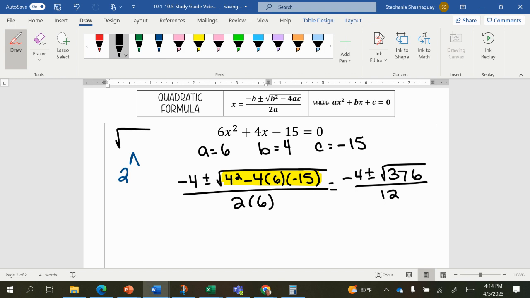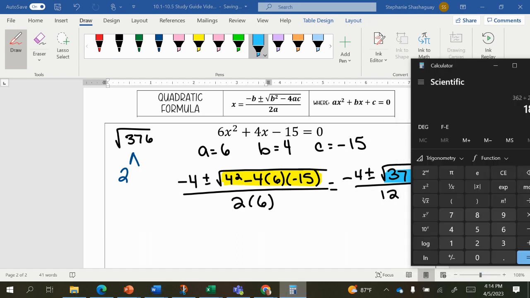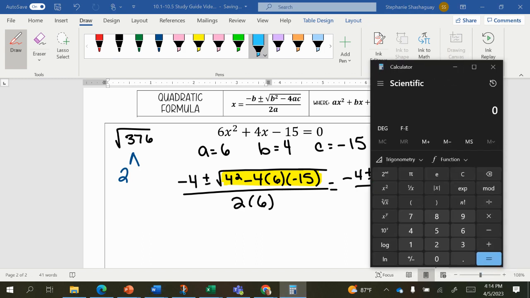I only like the calculator we use in class. So 376 is what we need to simplify. So 376, okay, clear. 376 divided by 2 is 188.